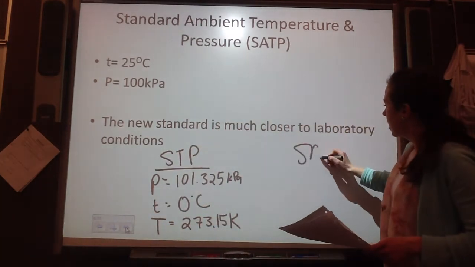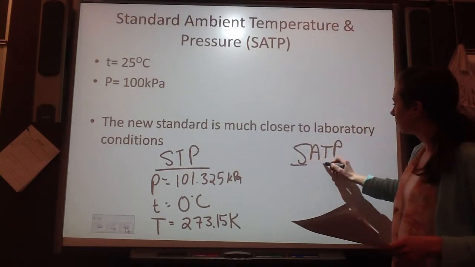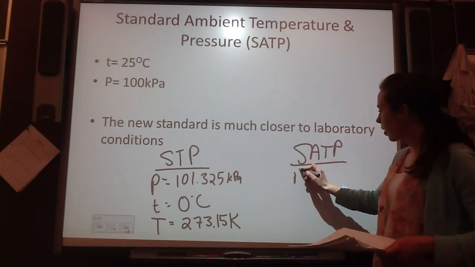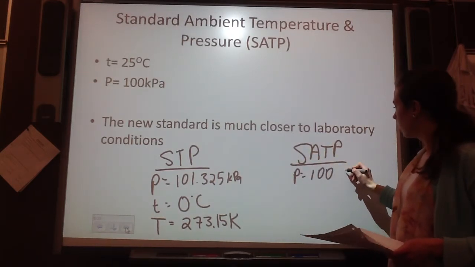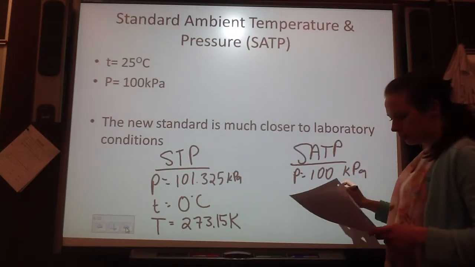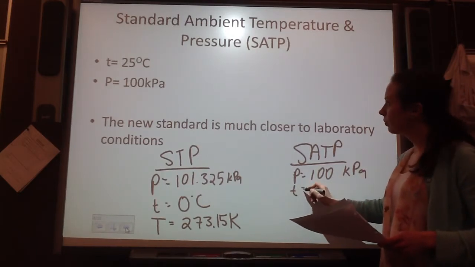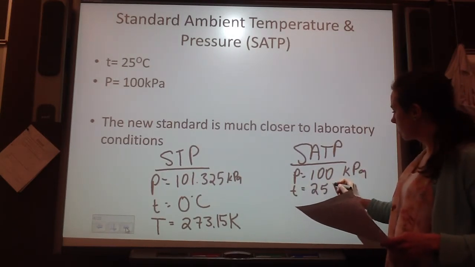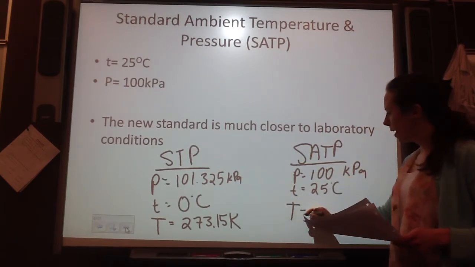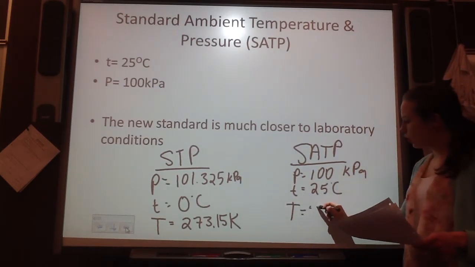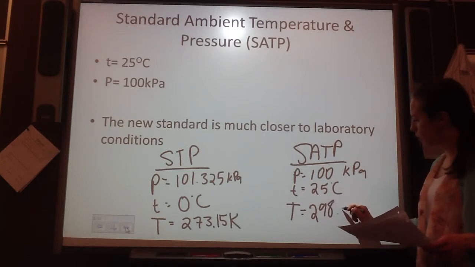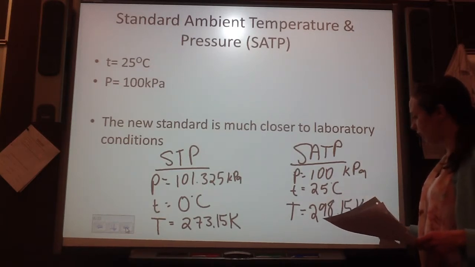Now the SATP, okay, your pressure is 100 kilopascals. Your little t is 25 degrees Celsius, and your big T is 298.15 Kelvin.